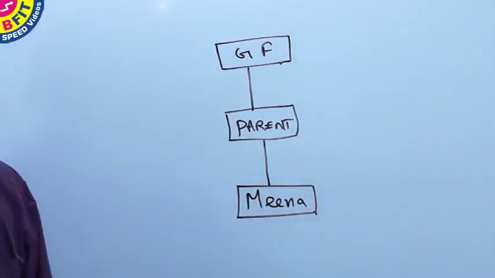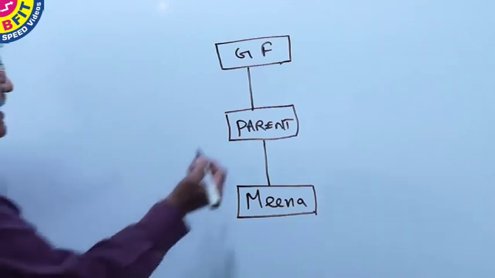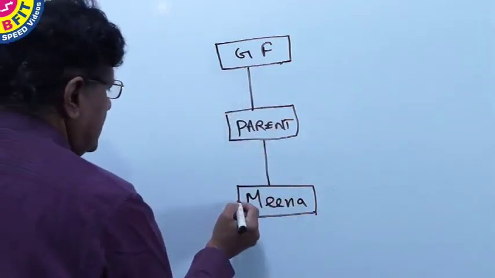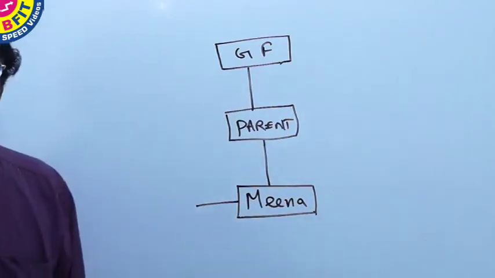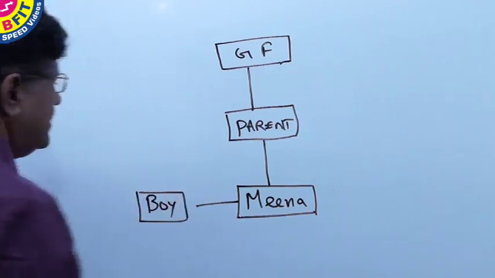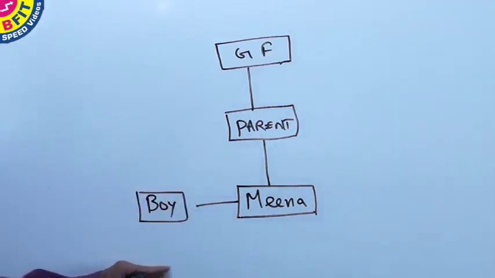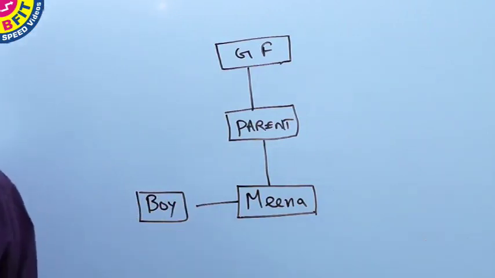Now what Meena is saying, pointing to a boy, he is the only grandson of my grandfather. Now Meena is the granddaughter. So the boy must be, this is the boy. Boy must be the brother of Meena.